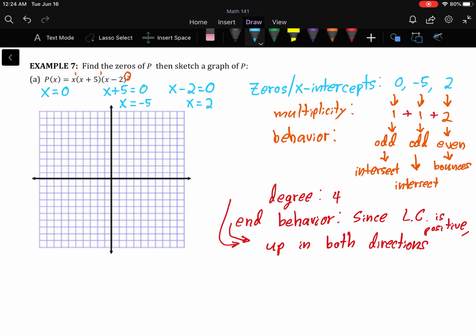Now, making our graph, we use our x-intercepts, which were 0, -5, and +2.